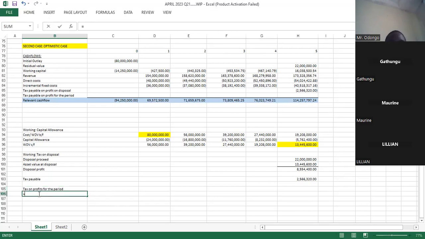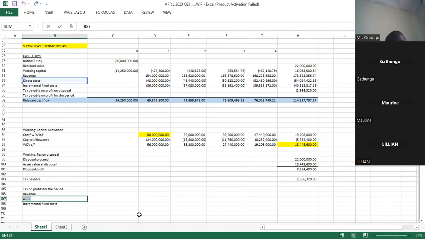Again, in this case, what I will do is to copy the revenue and the expenses which follow it. You know, there were only two operating expenses from this cash flow information. That is the direct costs, and then the incremental fixed costs.